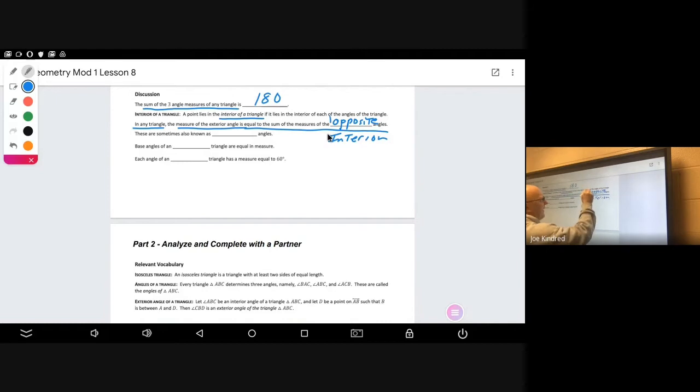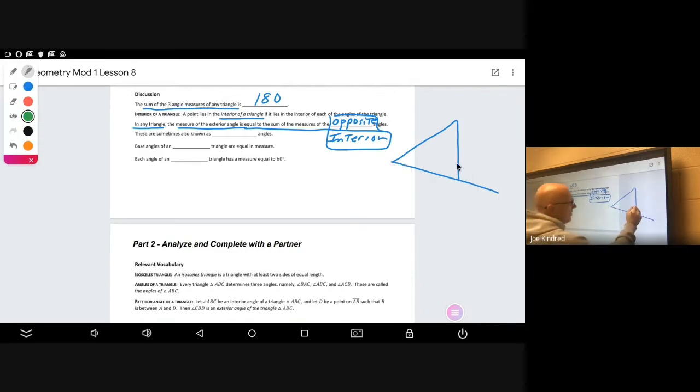What we mean by that is the following. If we have a triangle like this, and we know that this is X, and we'll call these Y and Z, these 2 angles are the opposite interior angles, whereas this is the exterior angle.